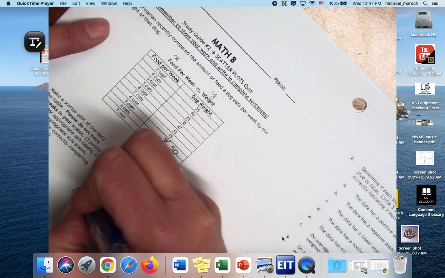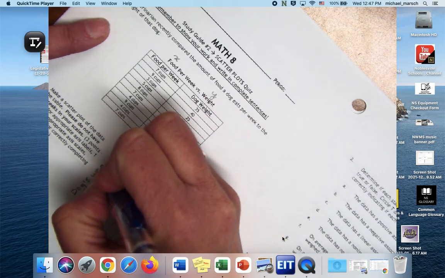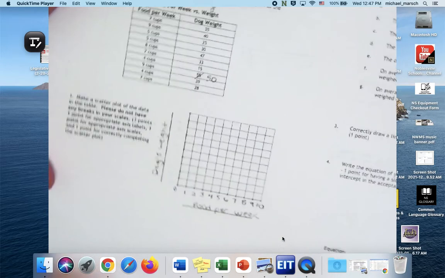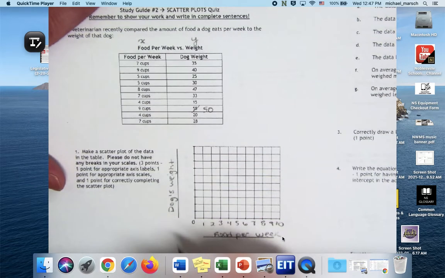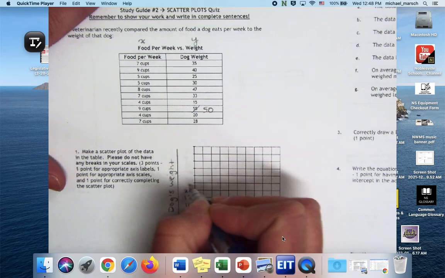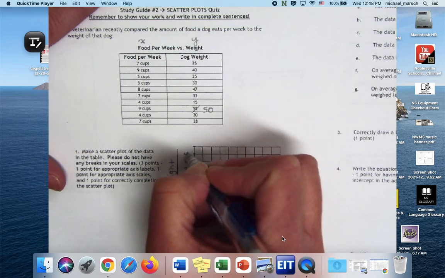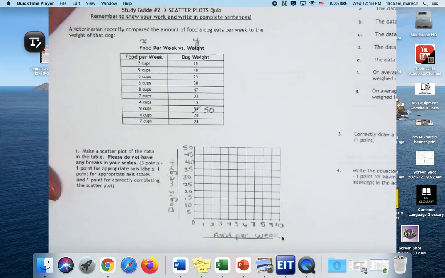My y-axis will be dog's weight. I'm going to have to go by 5-digit increments because I need to go as high as 50. And then I'm going to go ahead and plot them.